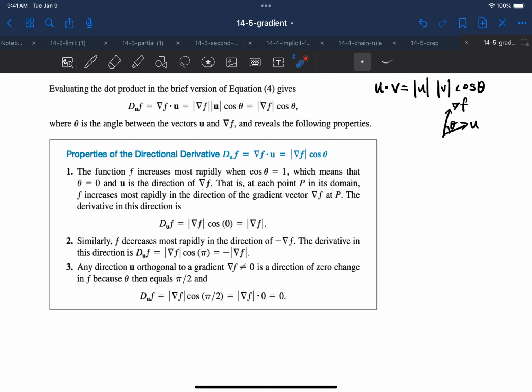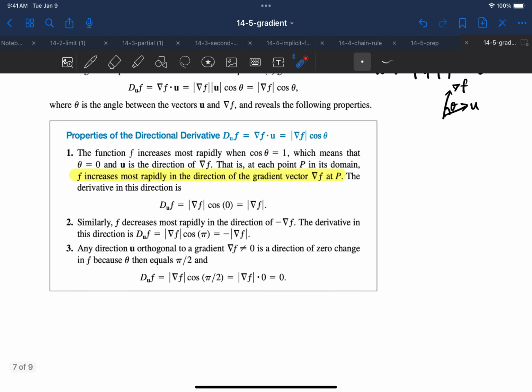What I said is summarized in this line: D_u f equals the magnitude of gradient f times cosine 0, because you take theta equals 0, which is just the magnitude of gradient f, because cosine 0 equals 1. So f increases most rapidly in the direction of gradient f.